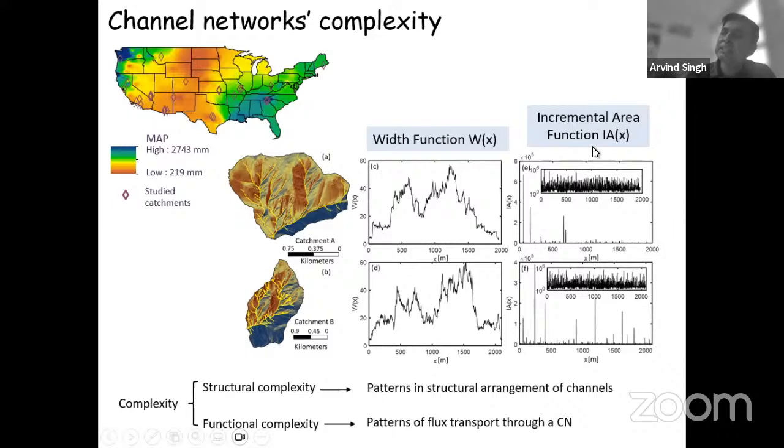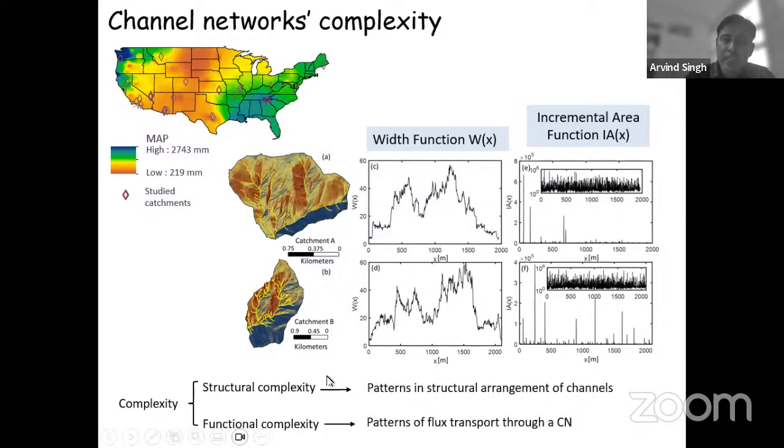The incremental area function is essentially the difference between areas at a given distance as you move from upstream to downstream. In other words, width function gives us information about the structural arrangement of channels, whereas incremental area function gives you information about both the channel network arrangement as well as the hill slopes that are contributing to that particular location where the incremental area is being computed.